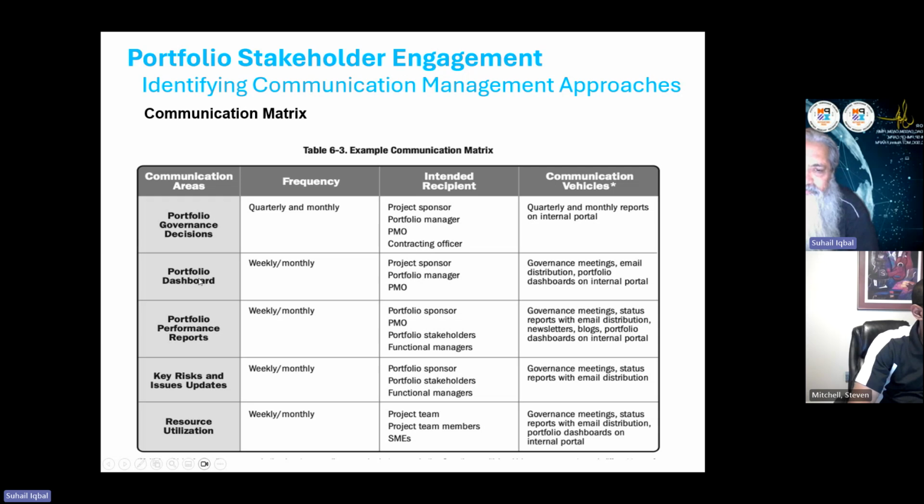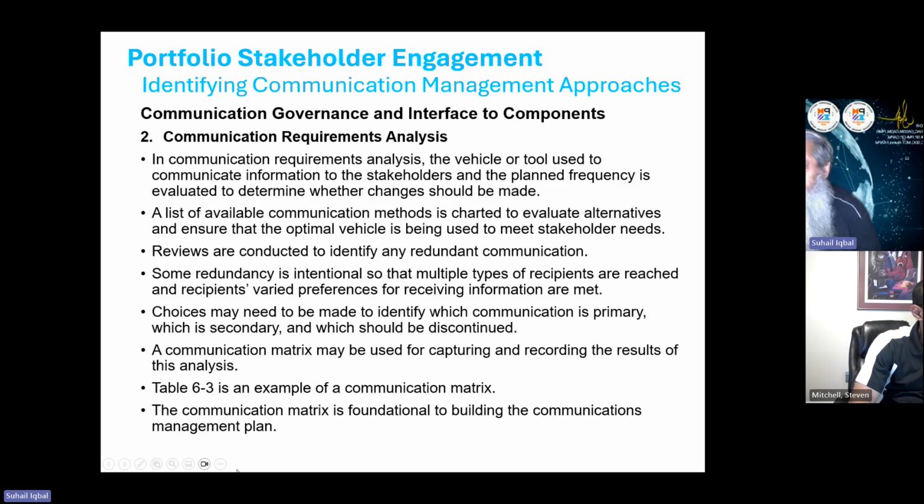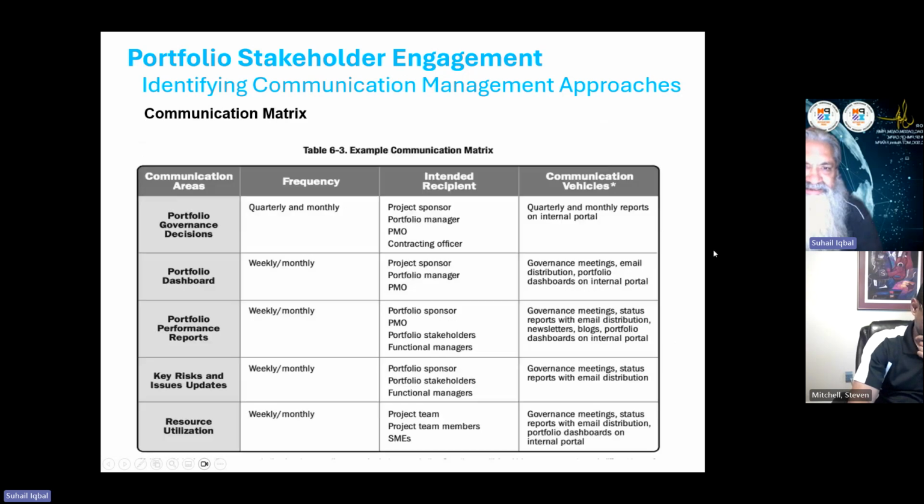A portfolio dashboard may be weekly or monthly, sent to the sponsor, portfolio manager, and PMO, and the communication vehicle could be email for governance and meeting distribution, and the portfolio dashboard on the internal portal. Portfolio performance reports are almost the same thing. You can go through it, but this is what the communication requirement analysis is.